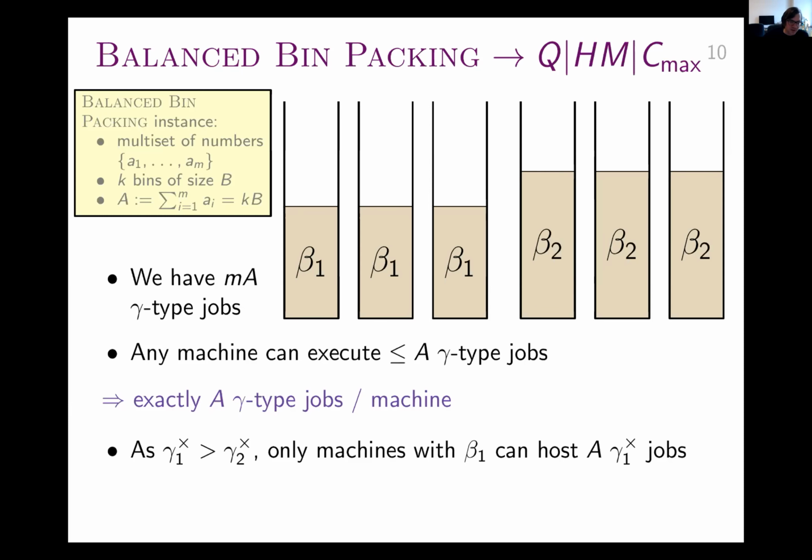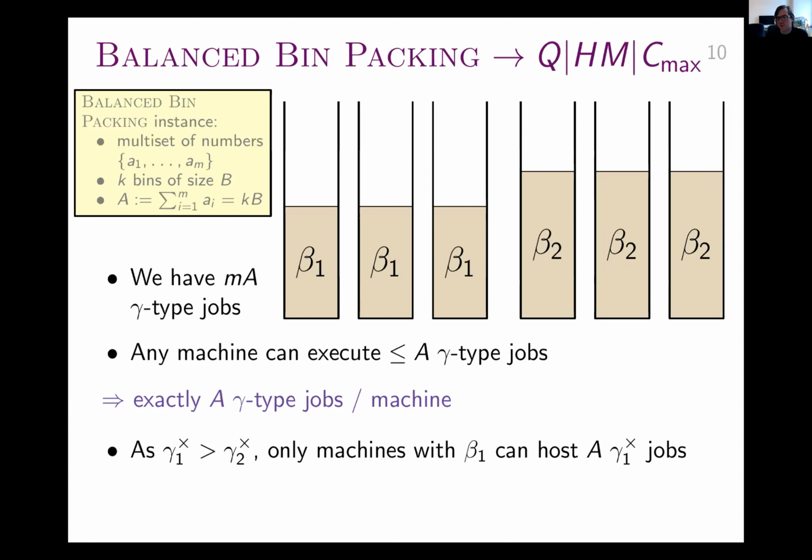What I'm saying is that the gamma 1 type jobs are larger than the gamma 2 jobs. And you can see that the machines which get the beta 1 job have more remaining capacity. And so the numbers just work out so that I really have to put all the gamma 1 jobs on the machines which have a beta 1 job. Okay, otherwise I wouldn't be able to fit everything.